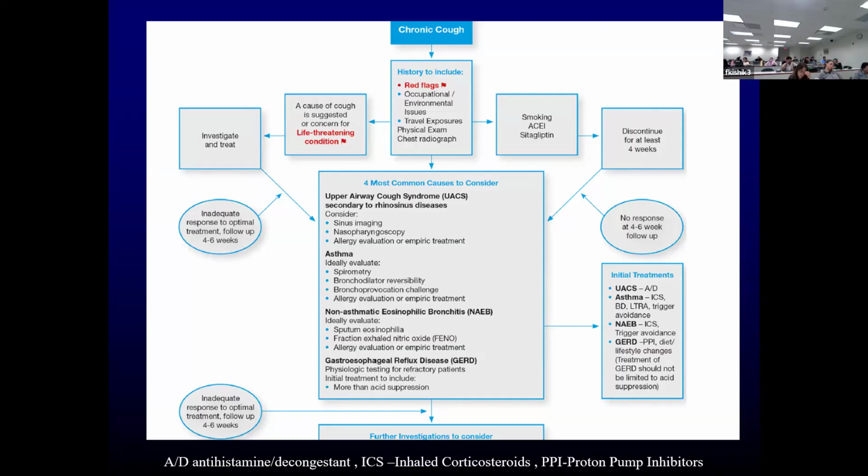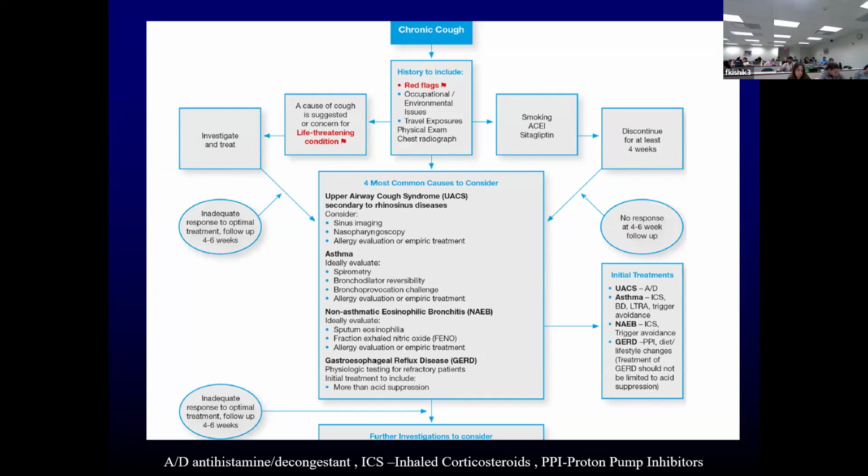But if the patient still has a very troublesome cough and has no weight loss and those kinds of things, we will give nasal steroids, inhaled steroids, and proton pump inhibitors. Ask the patient to come back to you in 6 weeks' time. 95% of your patients should have a complete relief.